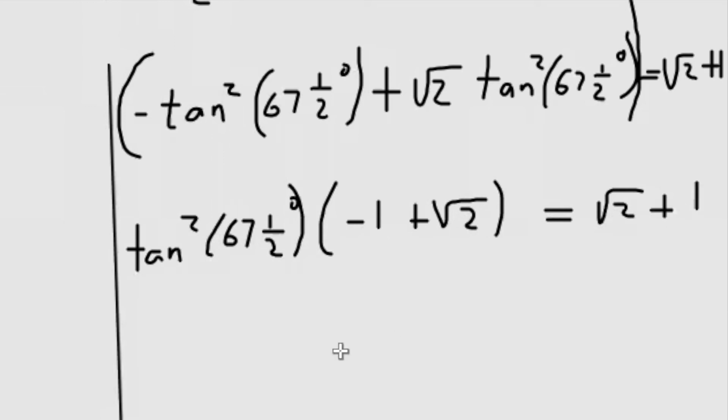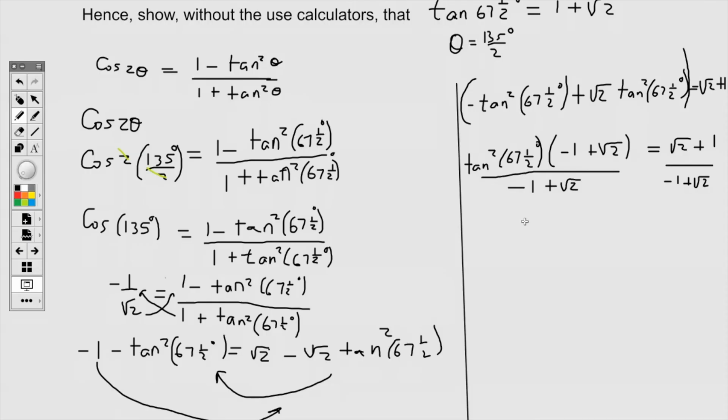Now I'm going to divide both sides by minus 1 plus root 2. This cancels, so I have tan square 67 and a half is equal to root 2 plus 1 all over minus 1 plus root 2.